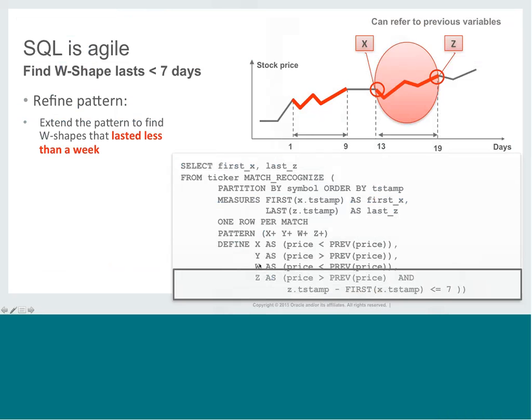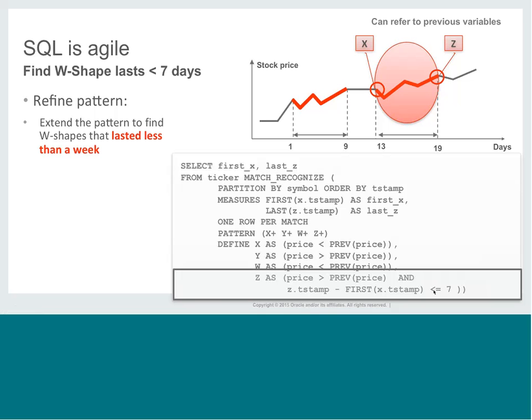We already have X, Y, W, Z. That pattern stays the same. All we want to know is, here's my start point, here's my end point. The difference between those two has to be less than or equal to 7. And we can put that in at the bottom here. So we just stick an AND, then Z timestamp minus first X timestamp must be less than or equal to 7.